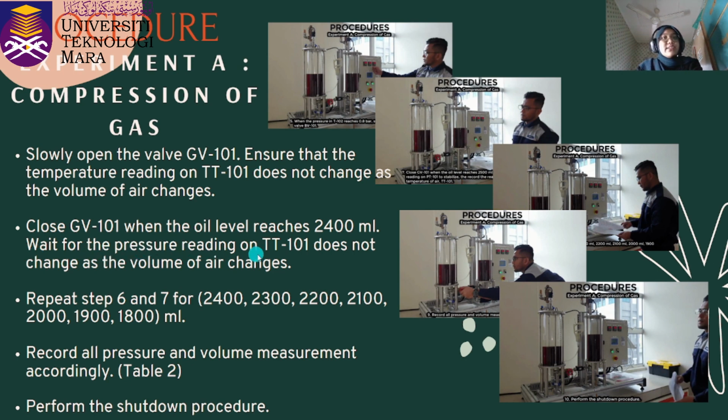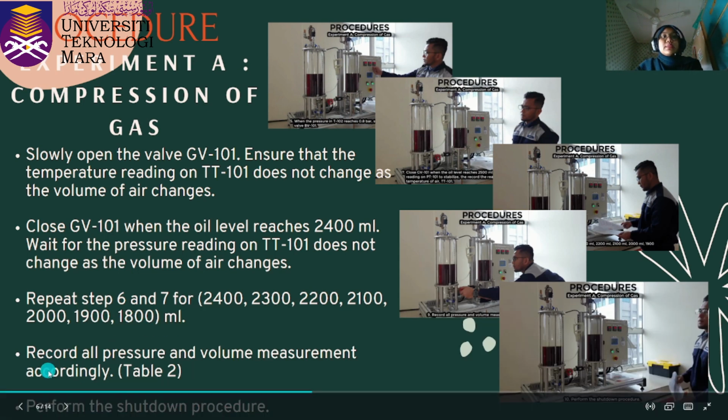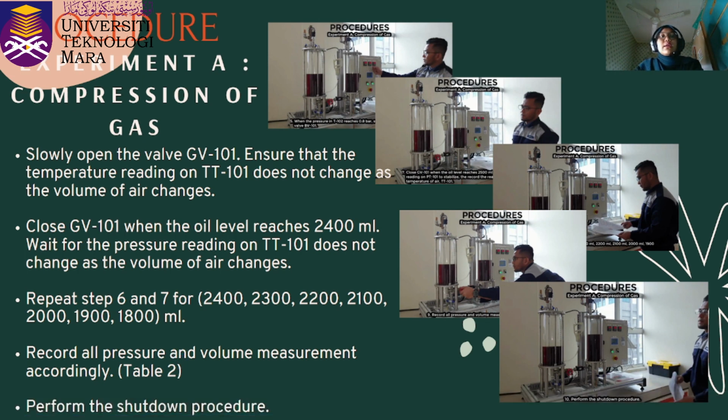Wait for the pressure reading on PT101 to stabilize. Repeat steps 6 and 7 for 2400, 2300, 2200, 2100, 2000, 1900, 1800 ml. Record all pressure and volume measurements accordingly using table number 2. Next, perform the shutdown procedure.